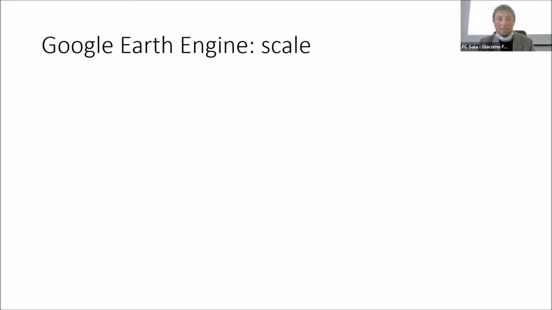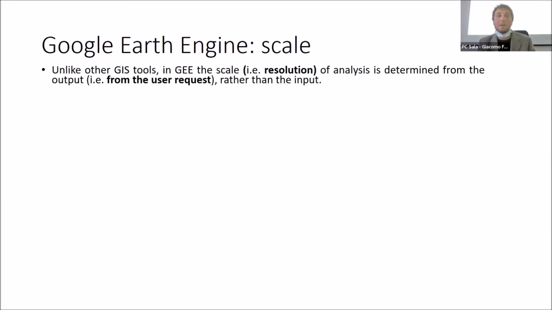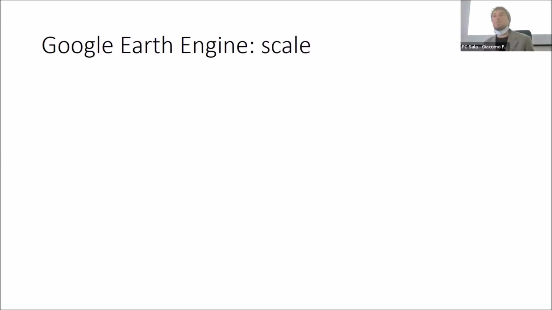Another important aspect is the scale. As you know, raster data, so the images, always have one specific resolution. It means that they are gridded fishnets, like gridded layers, where every square has the same length across the image.